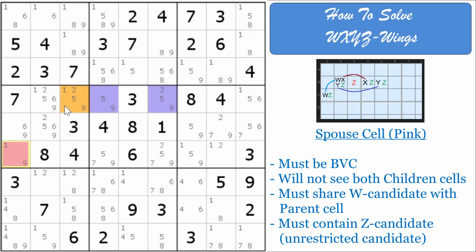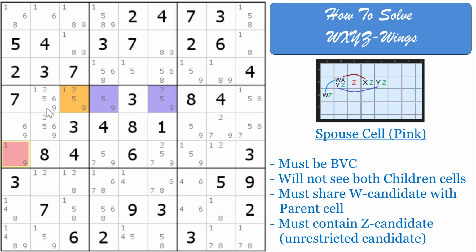So every parent, you know, normal household, two parents, right? You got a parent, you got a spouse, right? So the spouse, you gotta understand, will be a bi-value cell. There will only be 2 candidates in there. The first candidate is going to be this W candidate, which connects it, and it will not be seen by the other 2 cells.